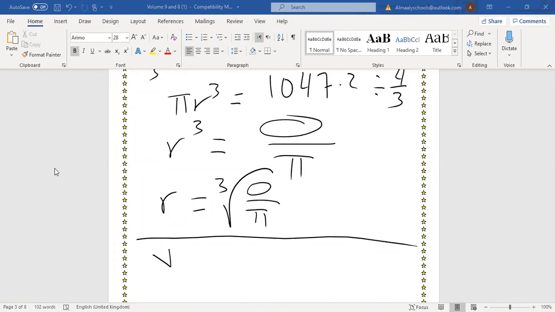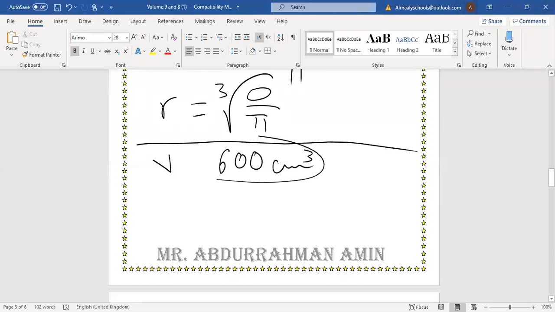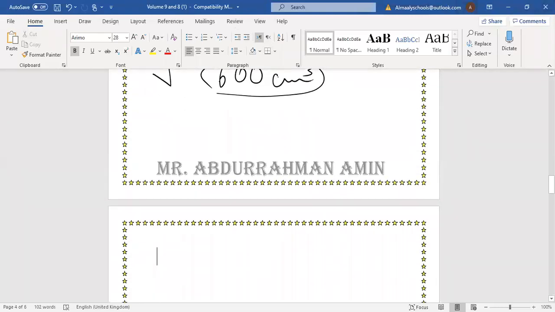Calculate to one decimal place the radius of each of A, B, and C. So Nawaf, the first given is the volume of the steel is 600 centimeter cube. We made 3 spheres from this, A, B, and C. So the ratio between A, B, and C is 7 to 5 to 3.